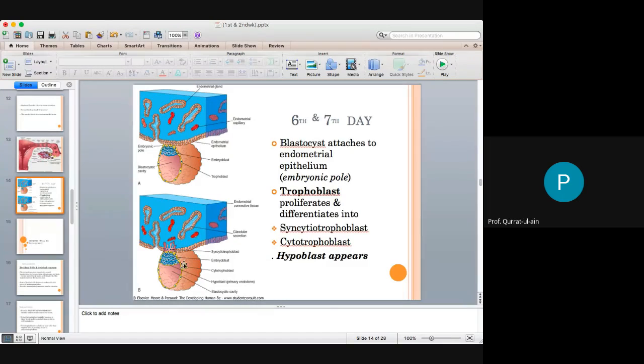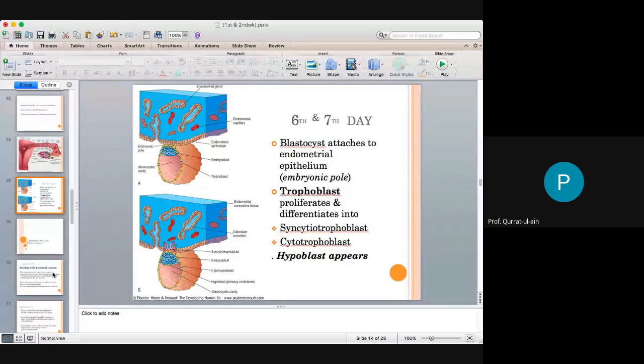The other trophoblastic cells will be named cytotrophoblast. Likewise, embryoblast cells will show a flattened inner layer of cells, which is the hypoblast. This syncytiotrophoblast is initially on one side. It will grow all around in the second week, right?